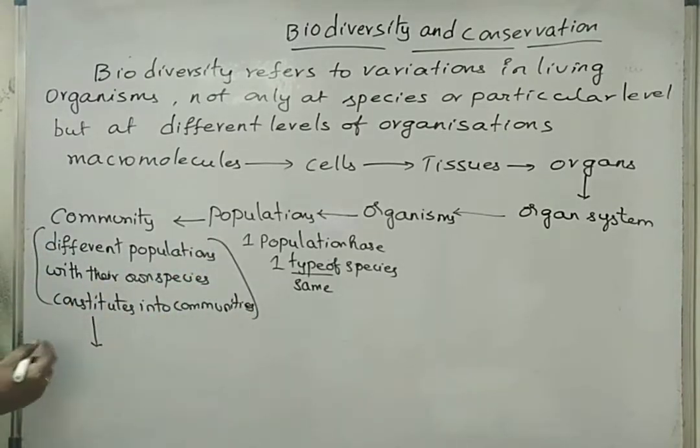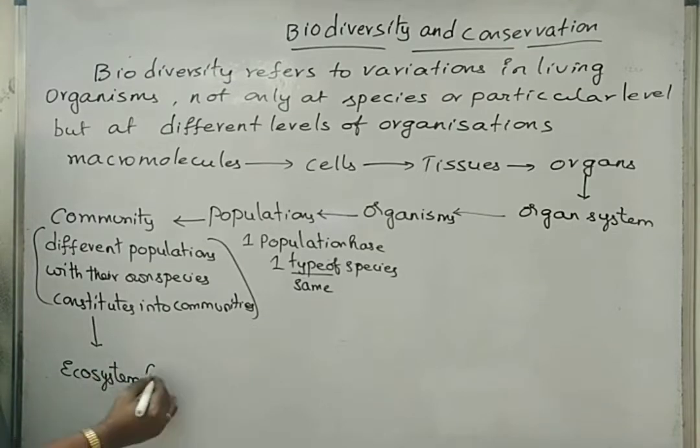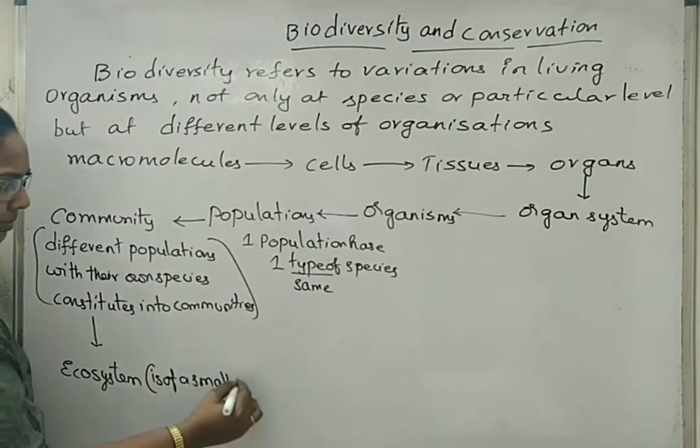These communities form into an ecosystem. Ecosystem, we can tell, is a small geographical area with different species or different types of organisms.